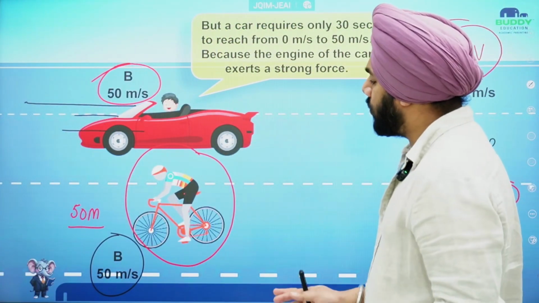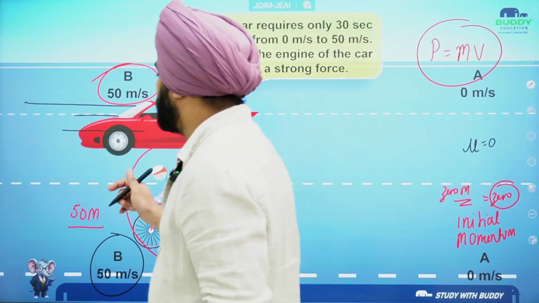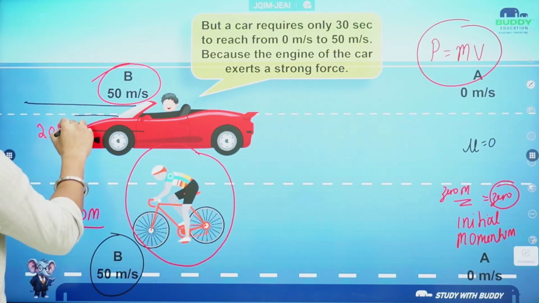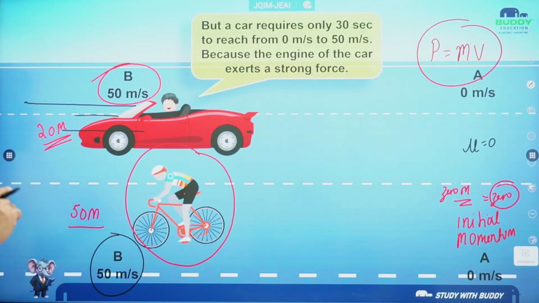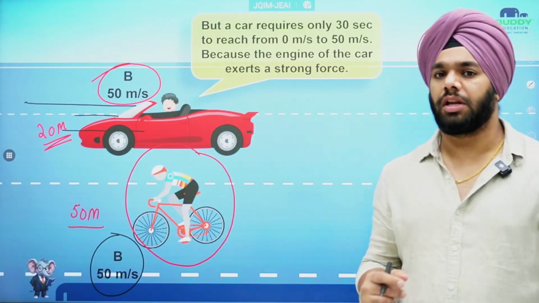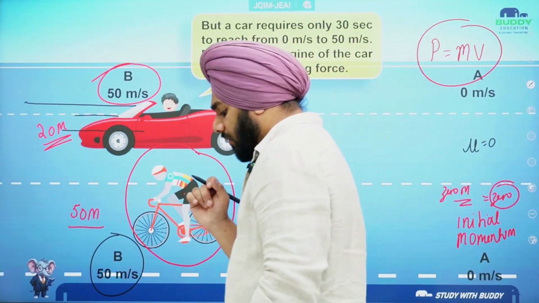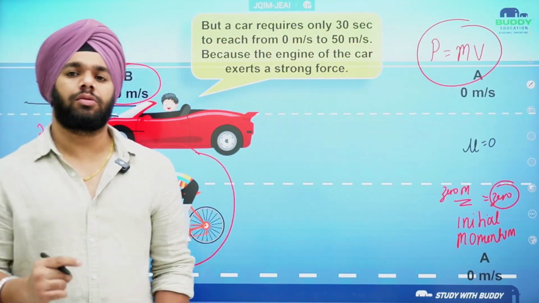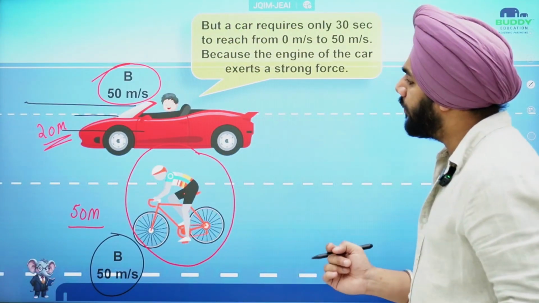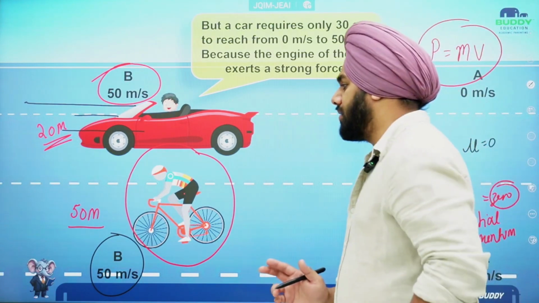If the cyclist has a mass m, the car has a mass of at least 20 m. So to attain the same velocity, the car would require much more force as compared to the cyclist, correct? The only thing which is the same here is the velocity, but the mass is different.